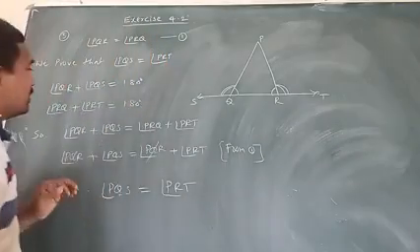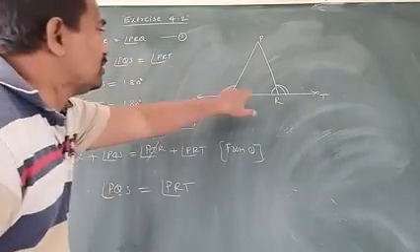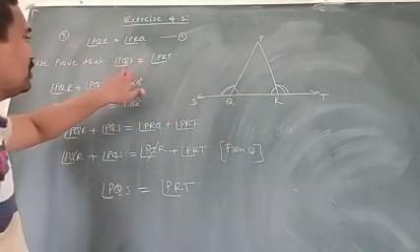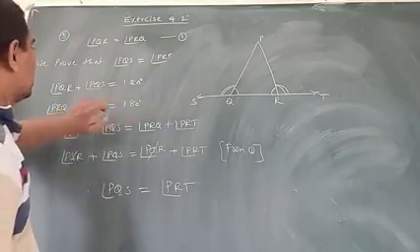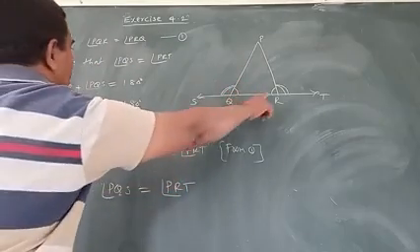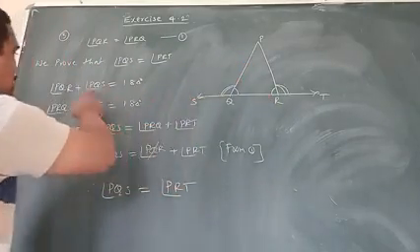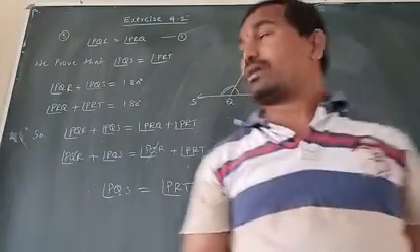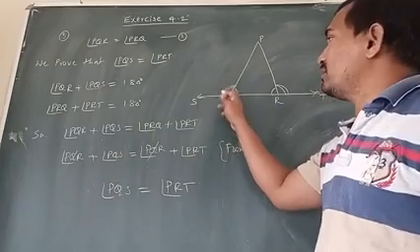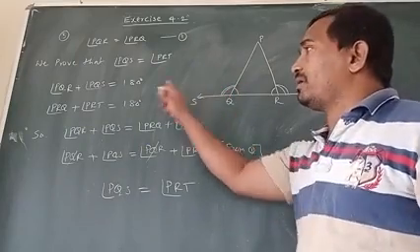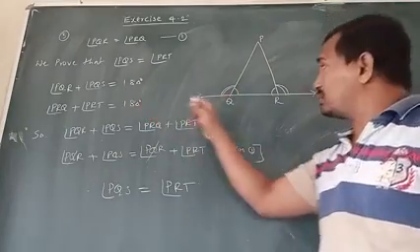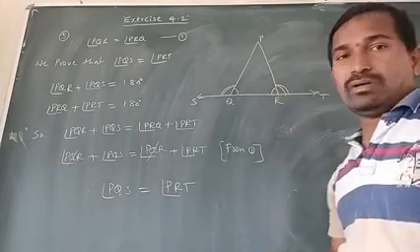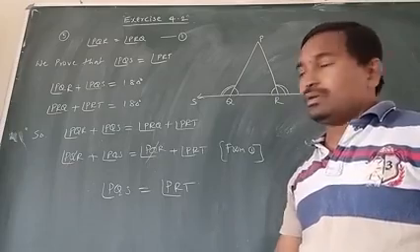So angle PQR plus angle PQS equals 180. These two angles form a straight angle, a linear pair, 180 degrees. So the sum of these two angles is also 180 degrees. These two are also a linear pair.